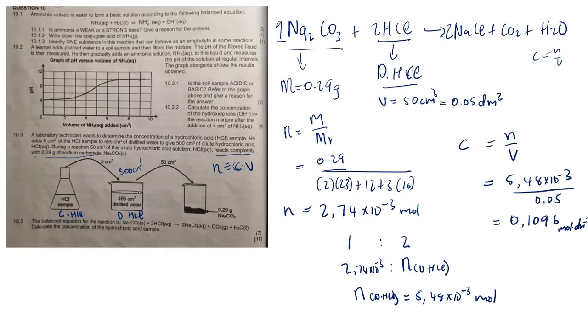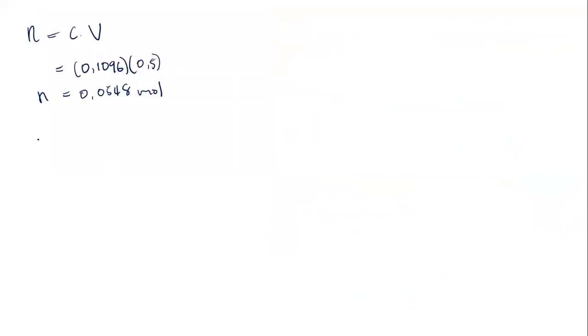But remember, I said to you, the number of moles in this container is the same as the number of moles in that container. But now here, I'm going to use a volume of 5 cubic centimeters. So this is the number of moles of HCl concentrated. This is the number of moles of HCl diluted. Do not forget, please.